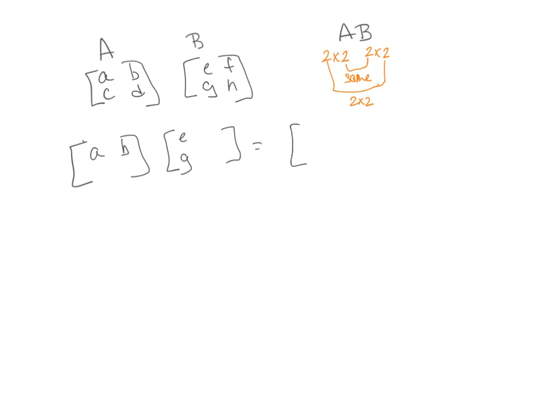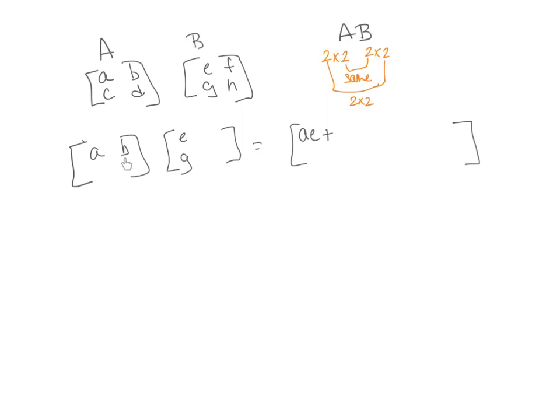So if I draw my matrix, and I'm going to write it kind of big for you guys. So my first element is A, and I'm going to multiply that by the first element in the first column of the second matrix, which is E. So I'm going to do A times E. And then I'm going to add on to that.